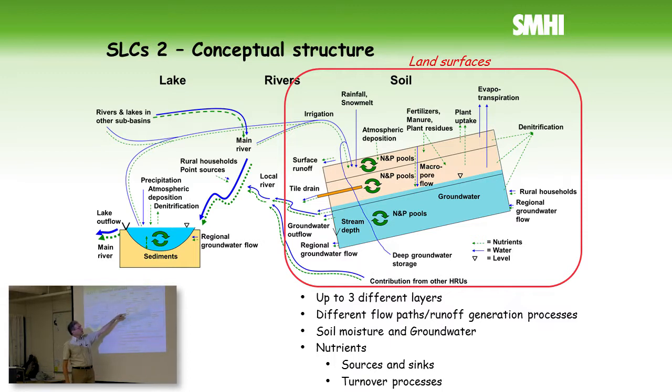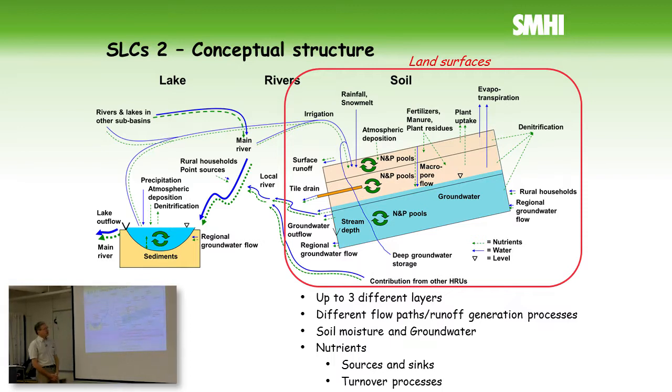Within these layers, you calculate the amount of water and nutrients, nitrogen and phosphorus, or other substances. Now, what we calculate is the soil water amount in each layer. We will get back to this tomorrow. And then the groundwater level is calculated as a function of the soil moisture. So when all the soil pores are full, that's considered to be groundwater. So groundwater is not a variable of its own.